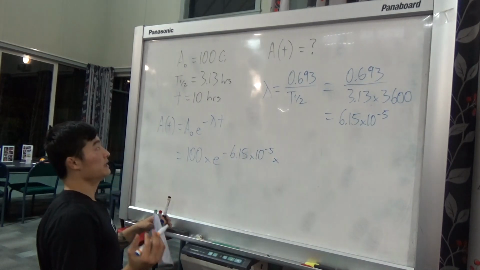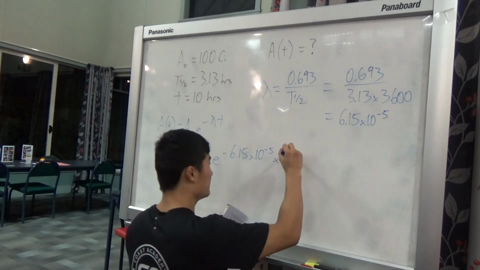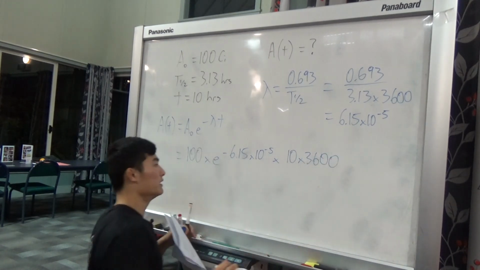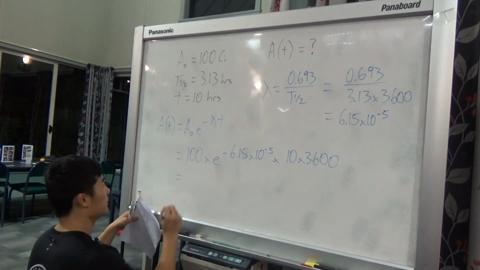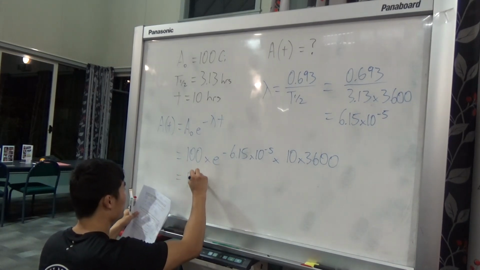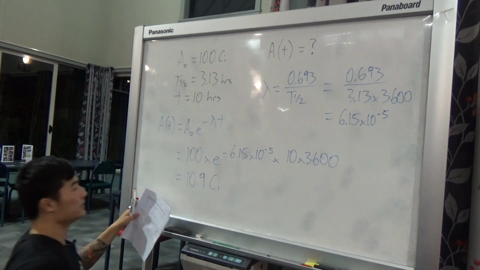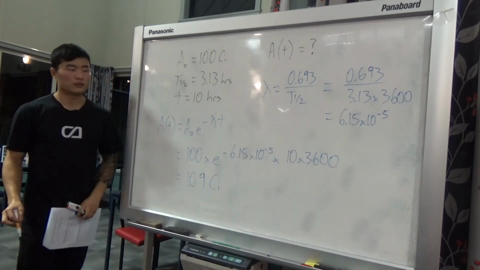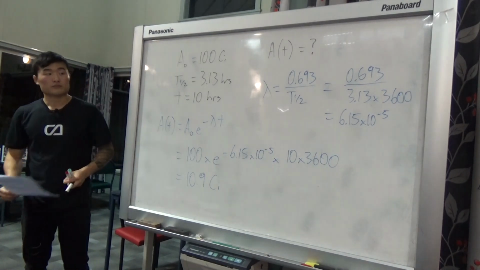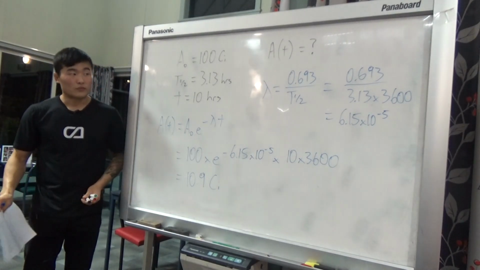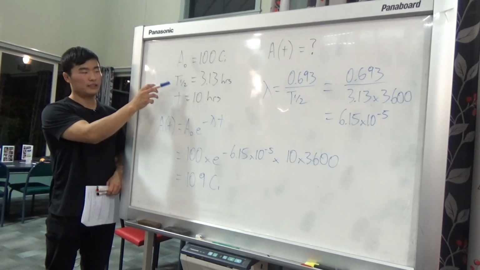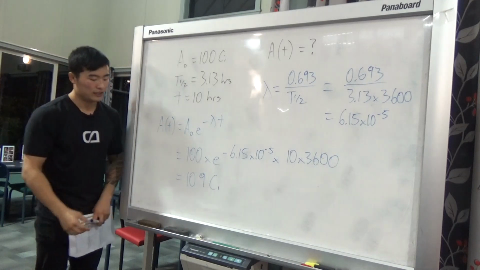And our time is 10 hours, so that has to be in seconds. So 10 times 3,600. And that's 10.9 curies. So yeah, what matters is that you have both your t half and the t in the same units.